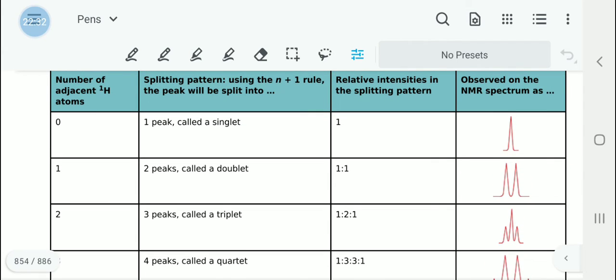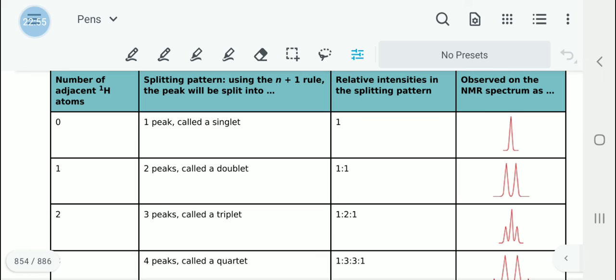So please remember this. If there is a single peak, there are no hydrogens on the adjacent atom. If there are two peaks, there is only one hydrogen atom attached to the next carbon. If there are 3 peaks, there are 2 hydrogens attached to the adjacent carbon. And if there are 4 peaks, there would be 3 hydrogens attached.